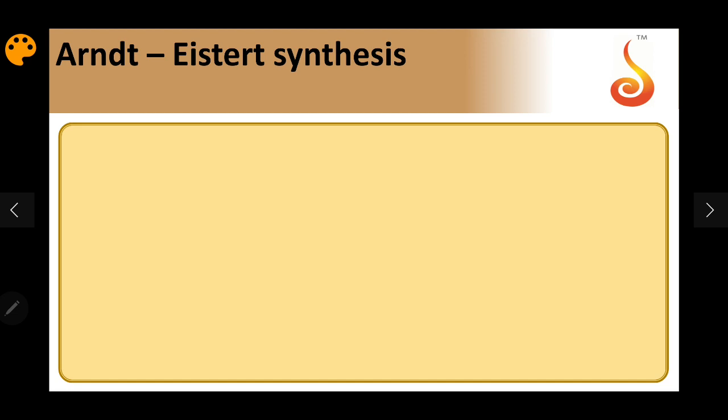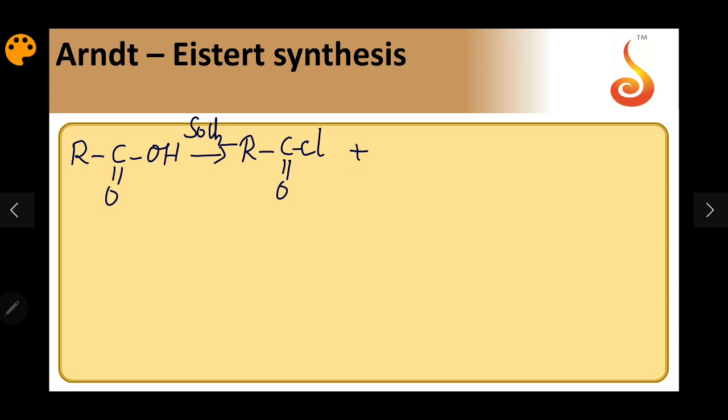If I take a carboxylic acid RCOOH, first I'll convert this into acid chloride by SOCl2. Then I react this acid chloride with CH2N2, diazomethane.